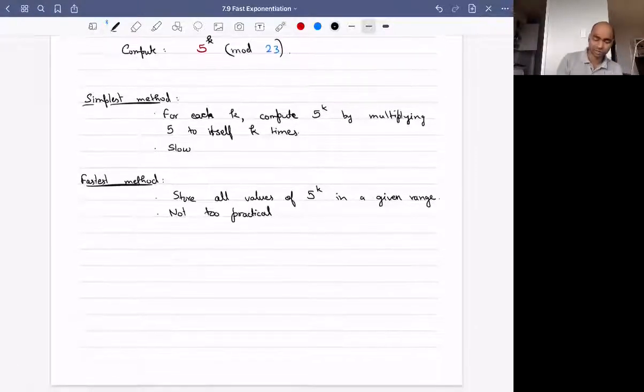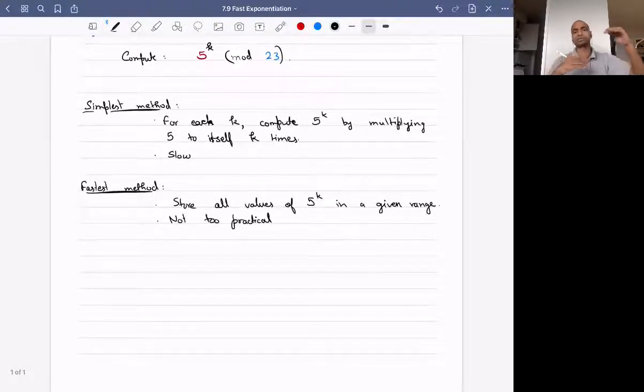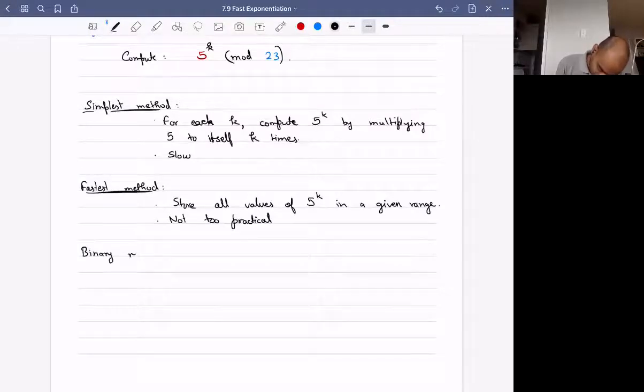So now we're going to look at a method that is in between these two things. So it's slightly smarter than the simplest method, but it takes less memory. So we will remember some powers of 5 and not all. And from those few powers of 5, we'll compute the rest of them. And so we will use the binary representation method.